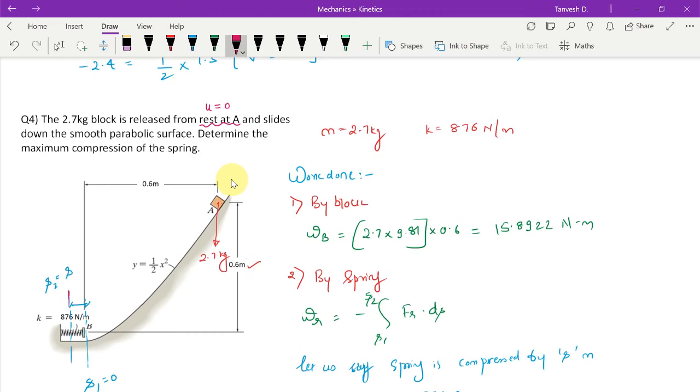We are not bothered how much this spring is again going to push it, we only need how much it gets compressed.